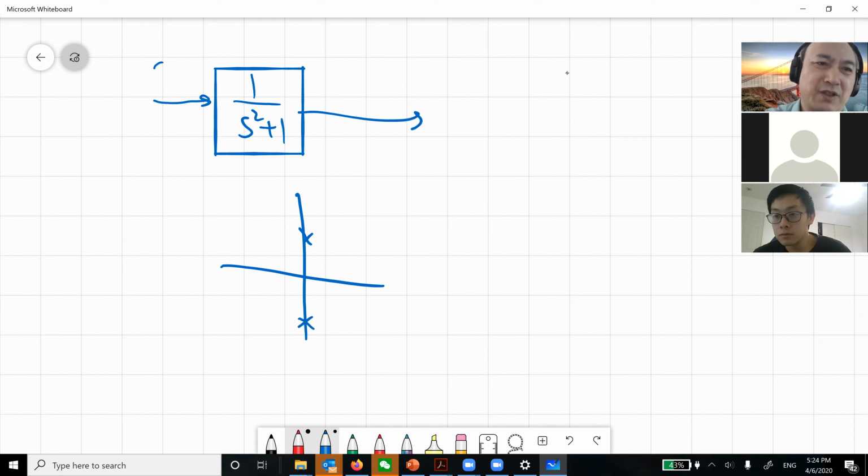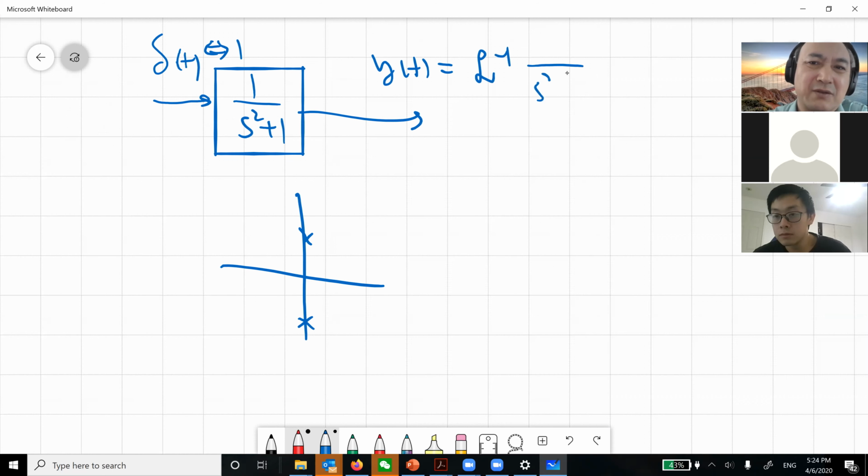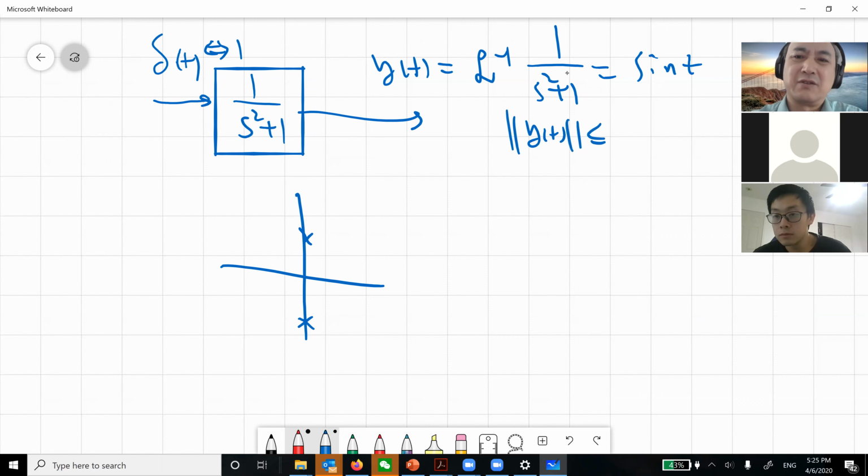And remember, if you have delta t in here, the Laplace transformation is 1. Then it's the Laplace inverse of 1 over s squared plus 1, that will give you sine t, okay? So y t is less than or equal to 1, less than infinity. So it's a BO.